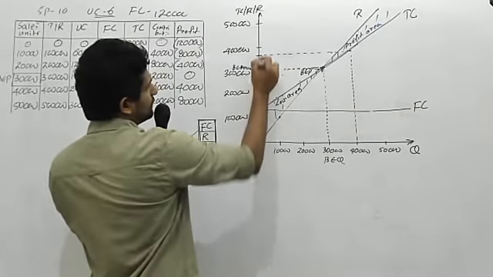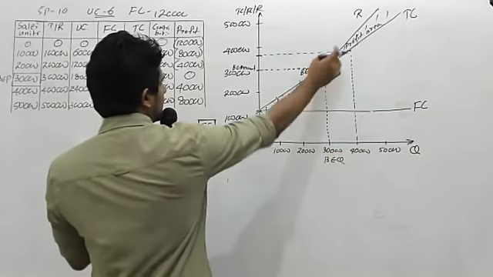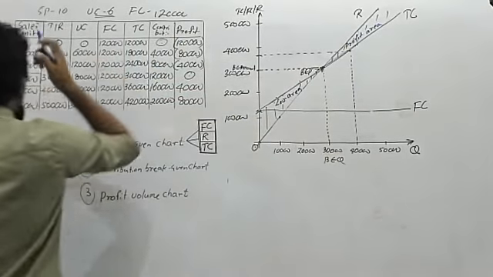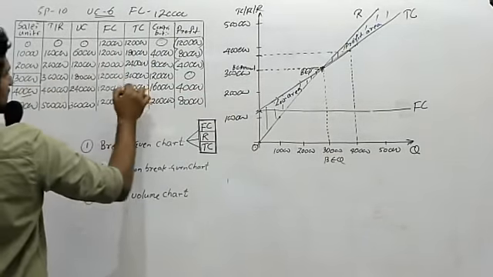What is the value here? At the 40,000 level, the cost line is 360,000.